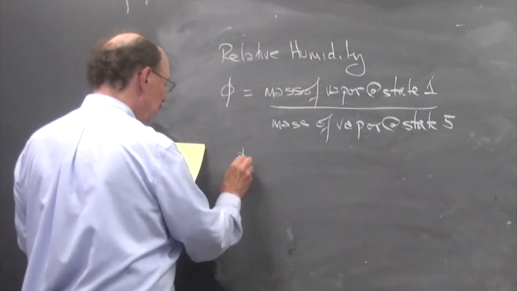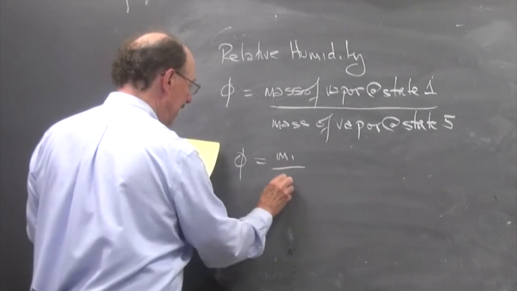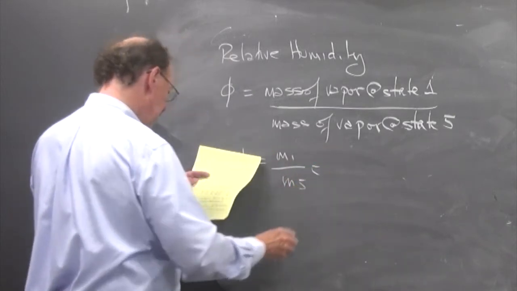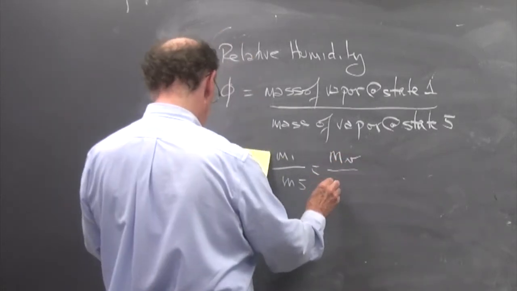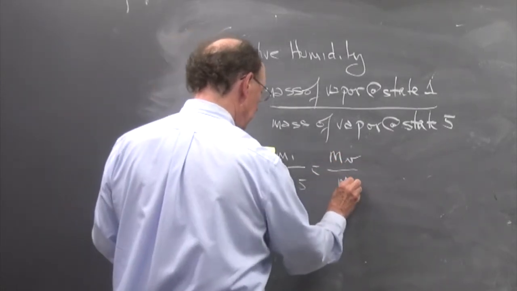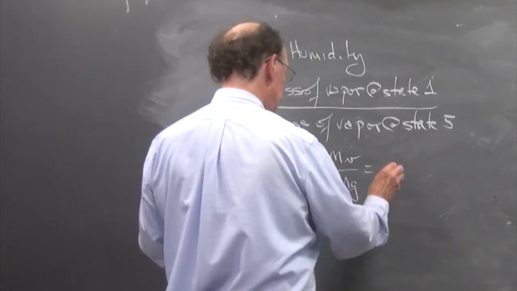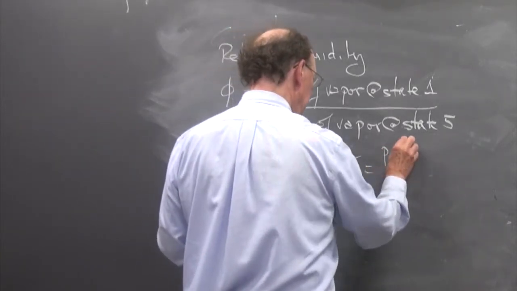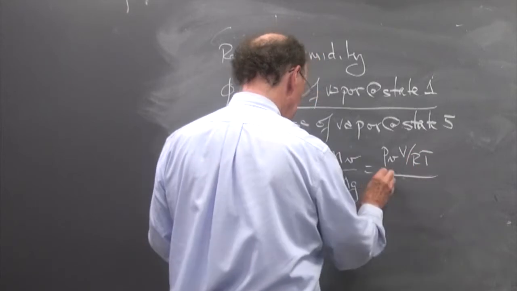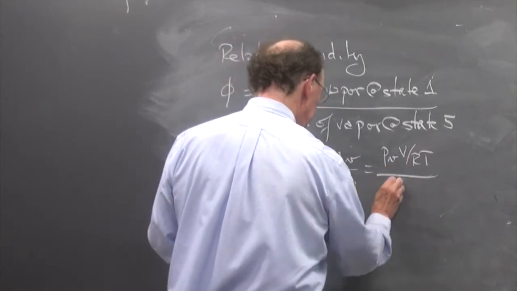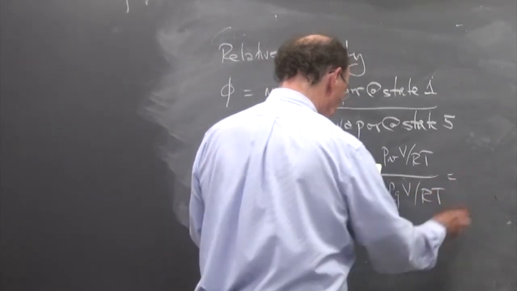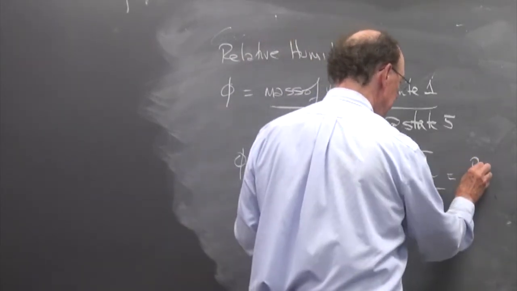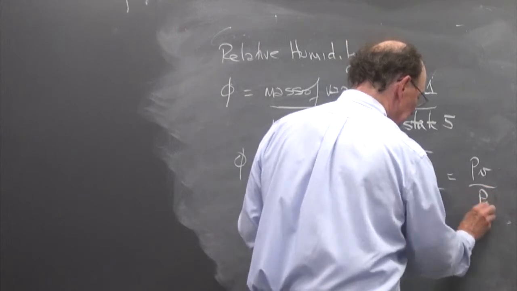So phi is equal to m1 over m5. And I can use the ideal gas law, so this is mv over mg. So this is equal to pv V over RT over pg V over RT for water. So this is equal to pv over pg.